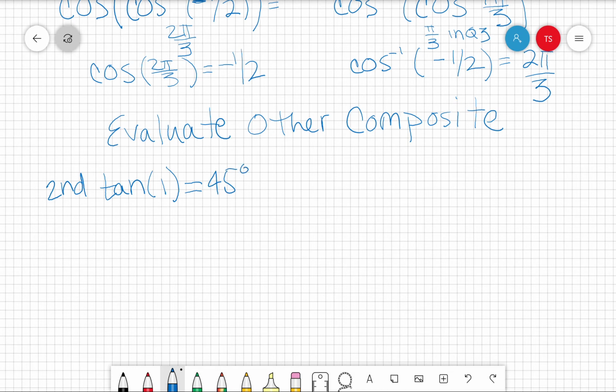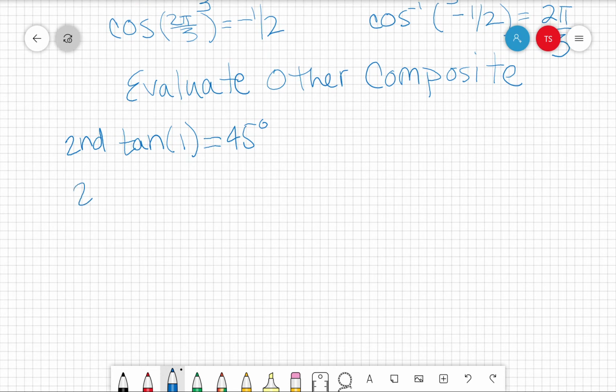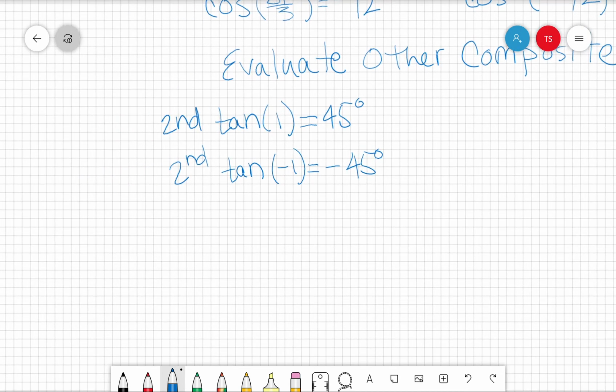What is the angle whose tangent is 1? Well, that's 45 degrees. If you did second tan negative 1, it's going to give you negative 45 degrees. Okay, so that second tan, just so you know, is going to be arctan. That's just on the calculator.